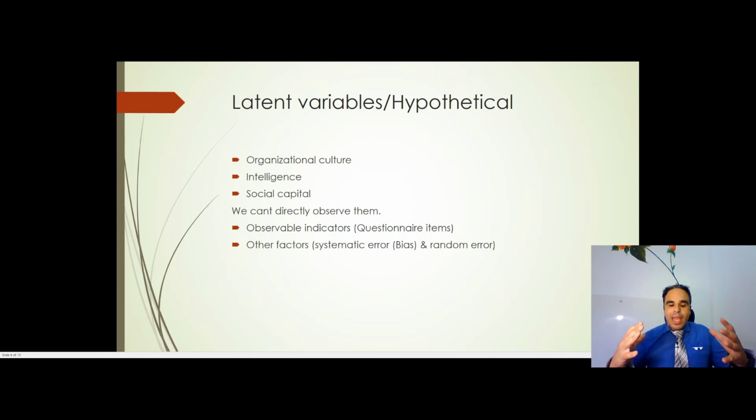However, we have to understand as well that there are some other indicators that we cannot measure that may have an influence on the main construct. Those are systematic errors or random errors. And sometimes in a questionnaire we might have a bias from the respondents resulting in systematic errors.